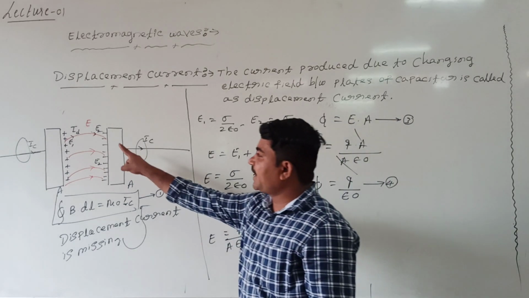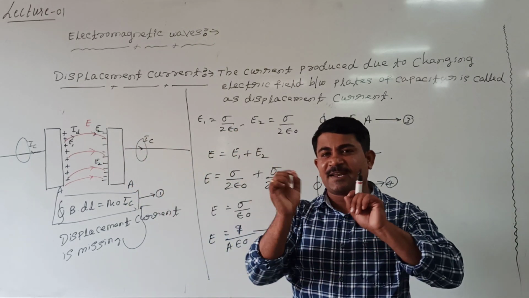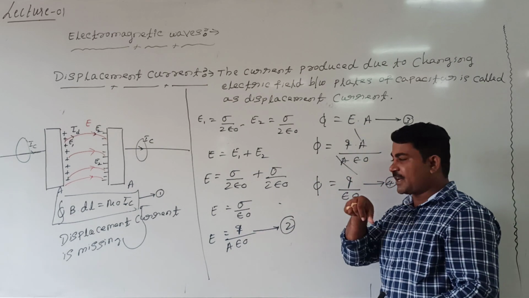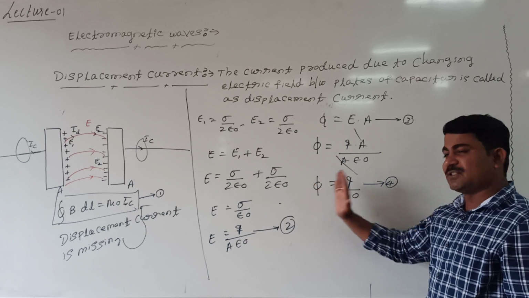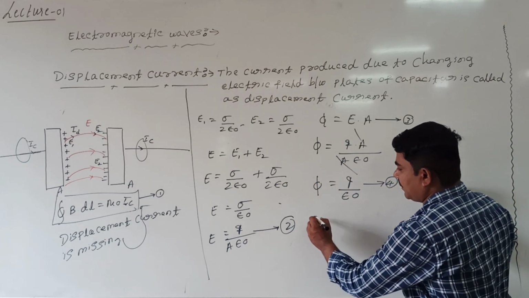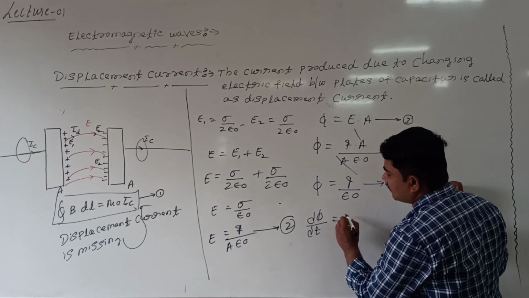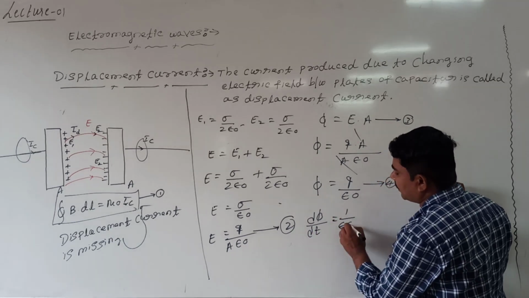But here the electric field changes. Wherever the electric field changes, this electric flux also changes. Electric flux changes means we just differentiate this equation on both sides. Look at me. It is d phi divided by dt, equal to what value? 1 by epsilon naught is constant.